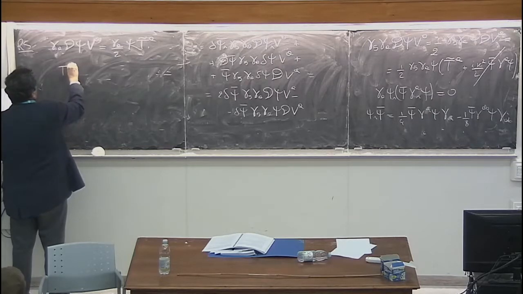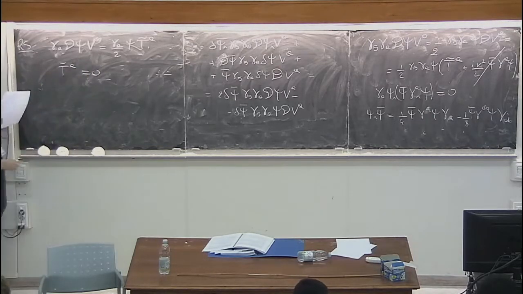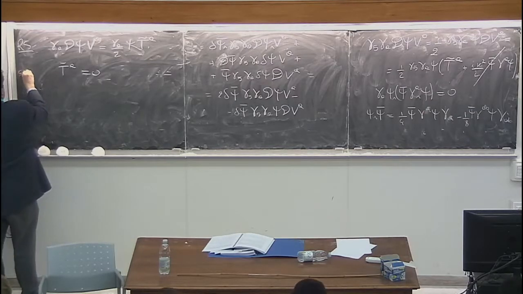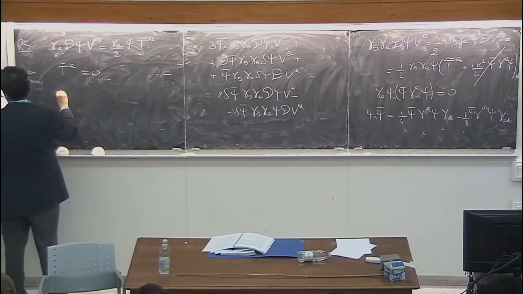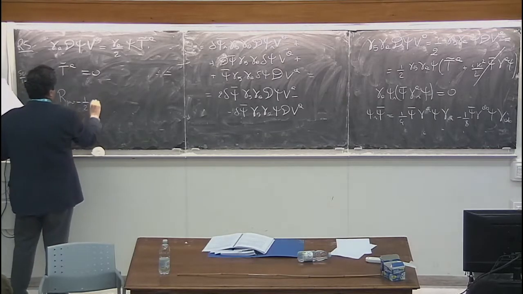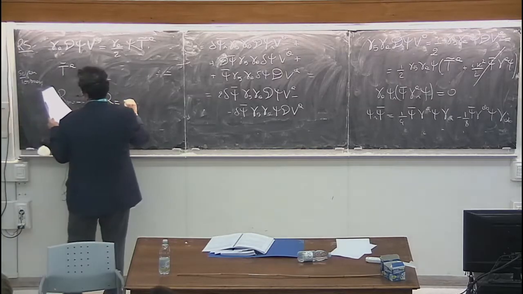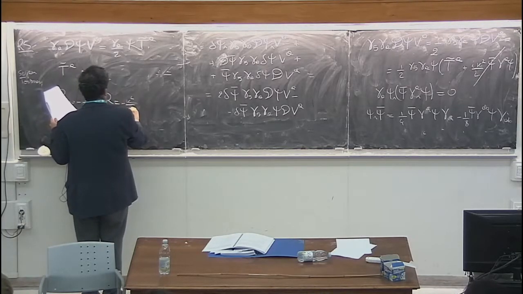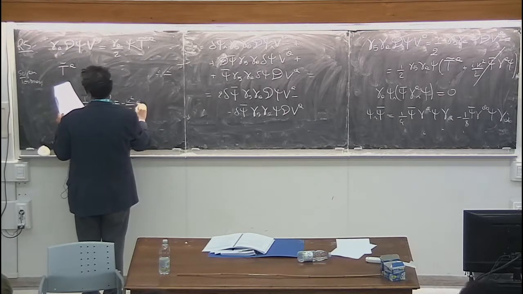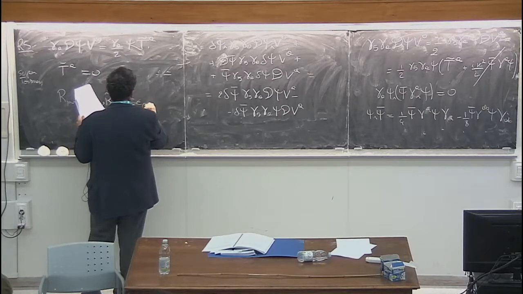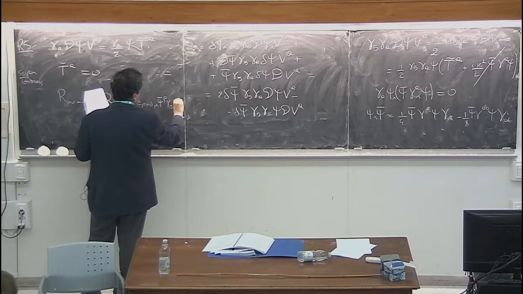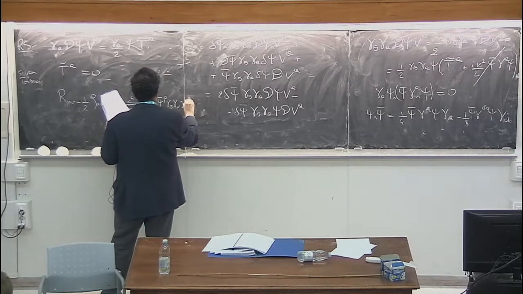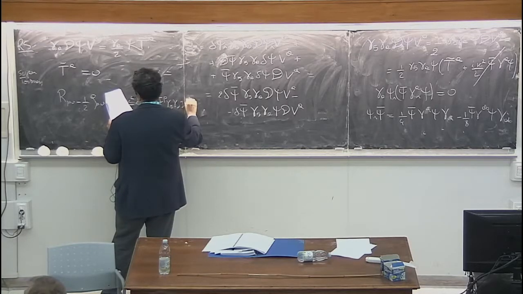Then we have the torsion, super torsion equation, and we also have R mu nu minus 1/2 g mu nu R equals minus kappa squared over E epsilon rho sigma delta mu psi bar rho gamma 5 gamma nu d sigma psi rho.